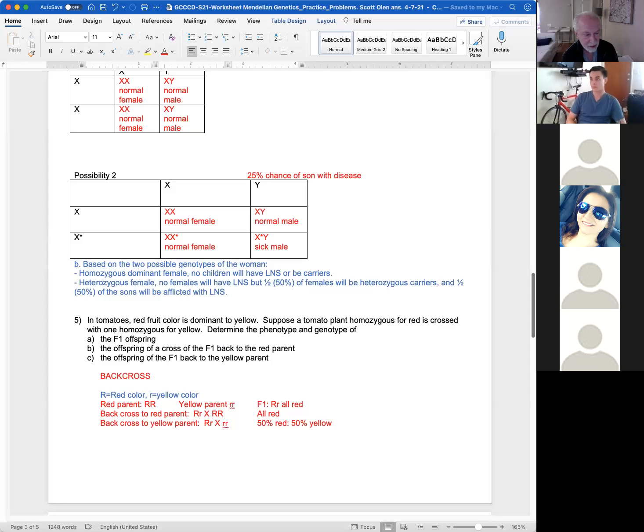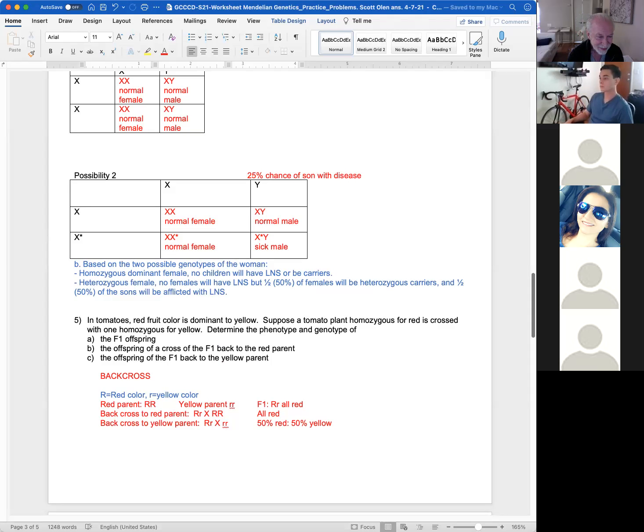Now, the distinction here is that instead of going to an F2 where you cross F1 by F1, the F1s are being back crossed back to a parent rather than to a sibling. So in a way, you could think of it as an F1.5. I guess you could say that.